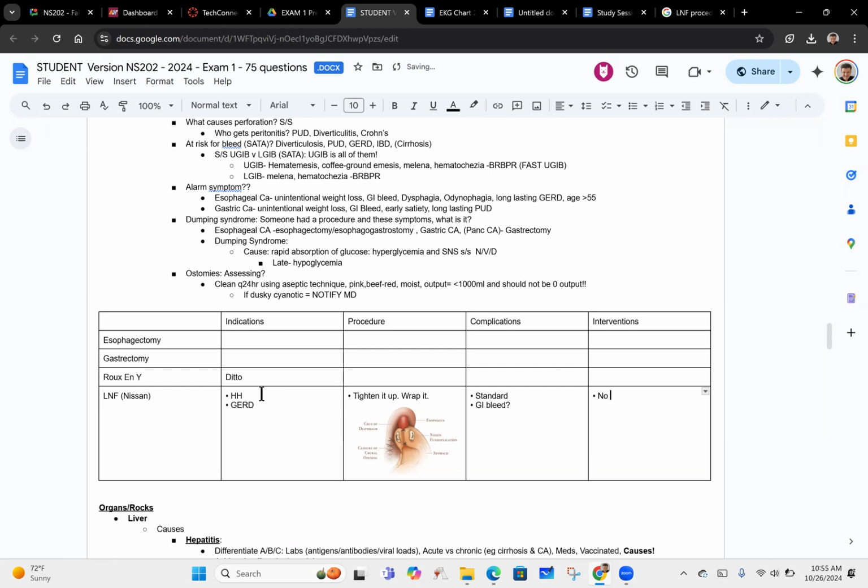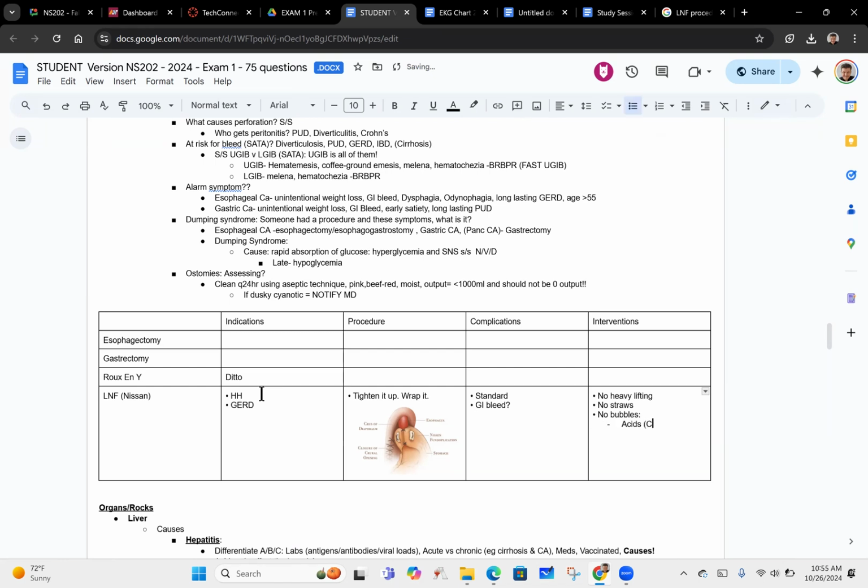So no heavy lifting, soft foods. I mean, it's really for all of them, soft foods. No straws, right? No bubbles, right? And then you can say what that entails.